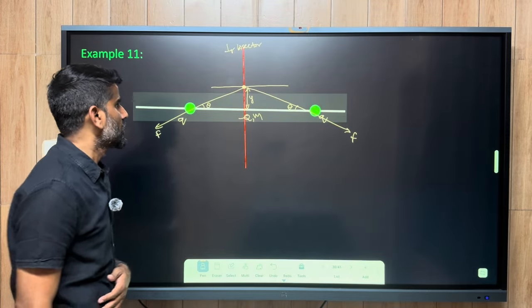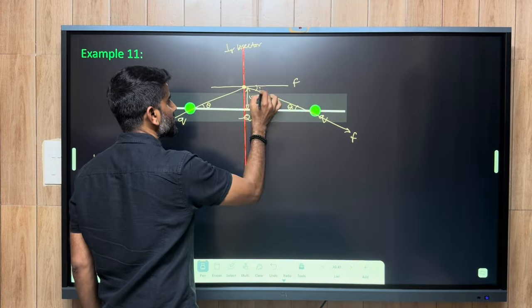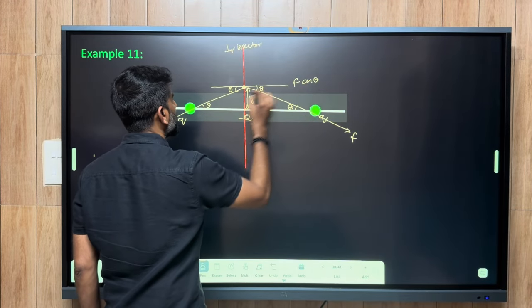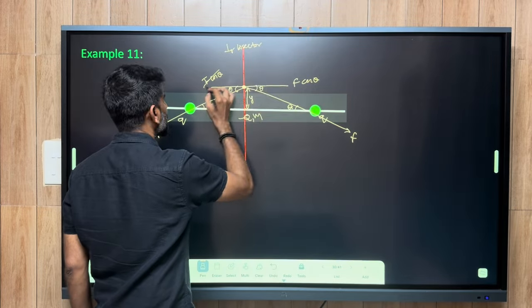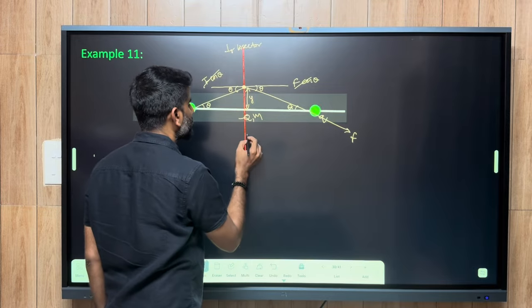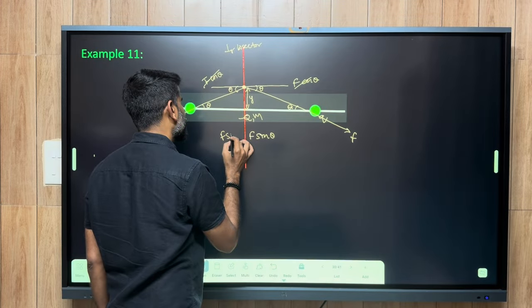Now I'm going to resolve the forces. If this angle is theta, this angle also should be theta. F cos theta, and this component is also F cos theta. Since two forces are acting in opposite directions with same magnitude, they cancel out. And how about this one? F sin theta, and this is also F sin theta.